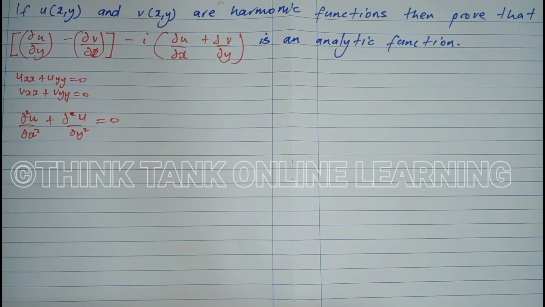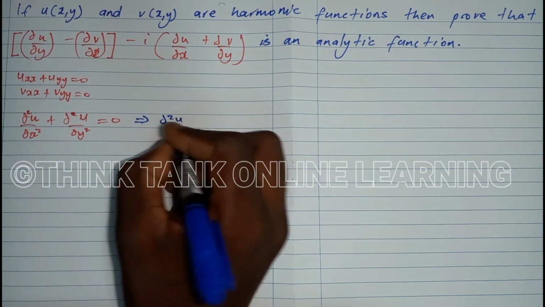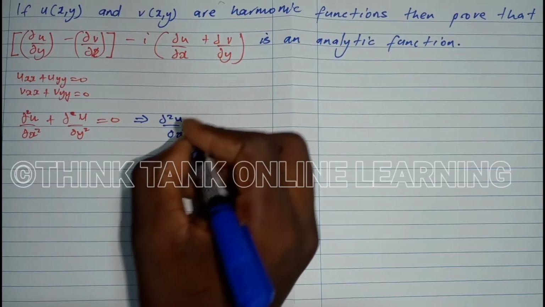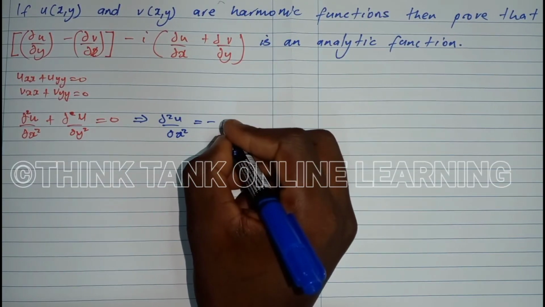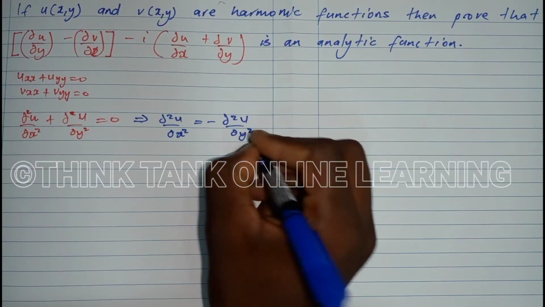That means if we equate this, we get partial squared u over partial x squared is equal to negative partial squared u over partial y squared.